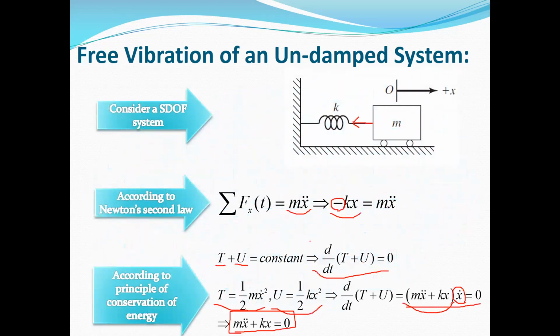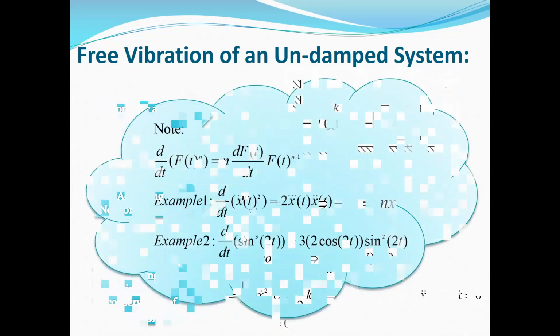For example, here, when we calculate the derivative of half mx dot squared, which is the kinetic energy, we will have 2 times half times m, which is a constant coefficient, times x dot, which is f(t) to the power of n minus 1, and x double dot, which is df/dt, similar to this equation.